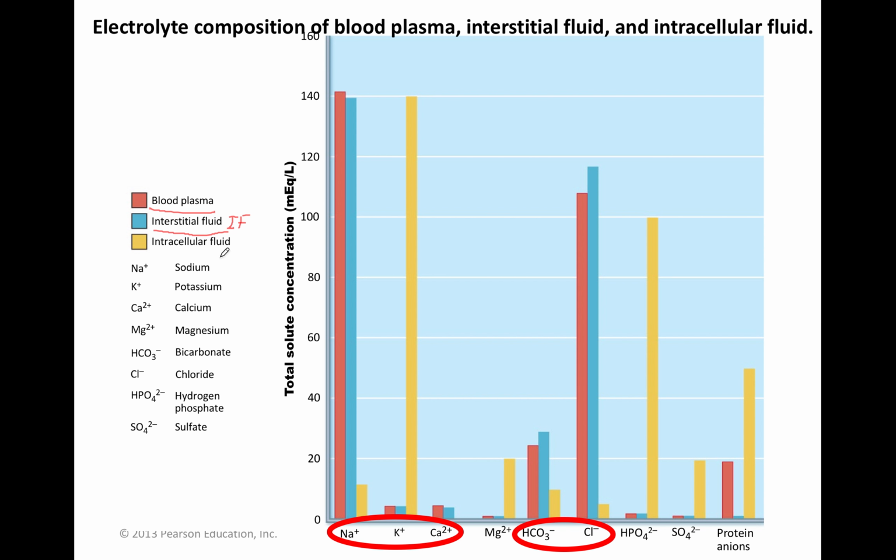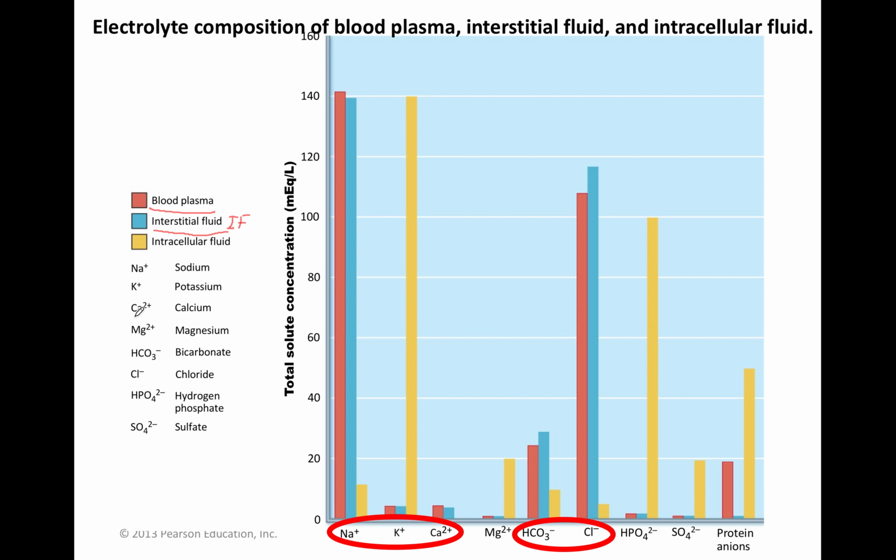And then you have intracellular fluid, which is basically what's found inside your cell. Typically, not always, the IF and blood plasma will be very similar and typically opposite of what you will see for the intracellular fluid, or ICF.